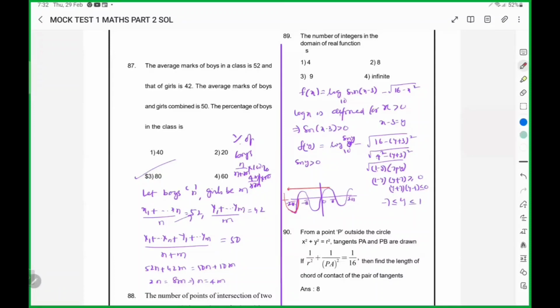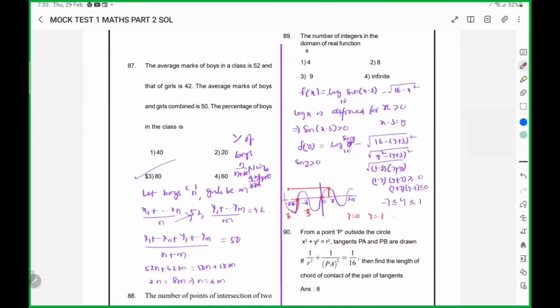So possible integral values: y is 0, and here is one possible value, y equal to 1. Between minus 2 pi, he is asking for integers between minus 6 and minus 3.